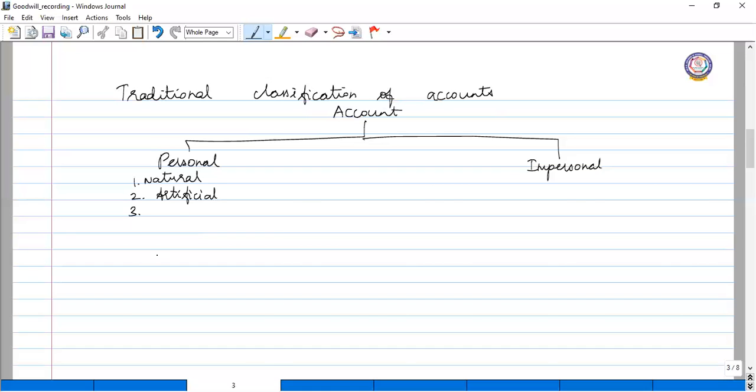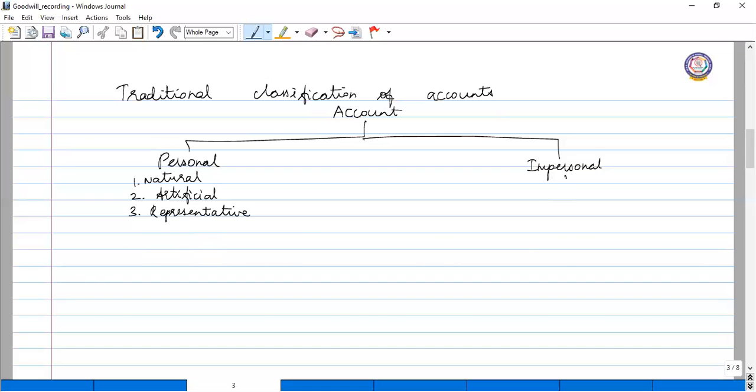And then there is the representative personal account, which represents a particular person or group of persons. For example, the outstanding rent account actually means that you are supposed to pay rent to the particular landlord. So this represents a person, which is why it is classified under representative personal account.